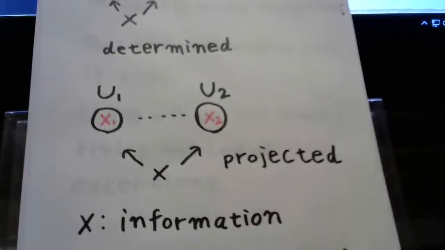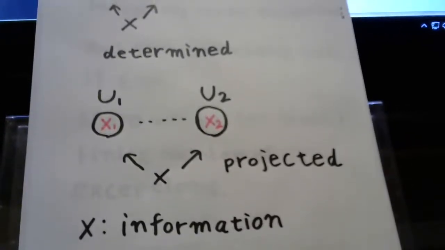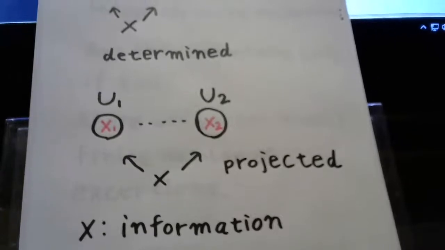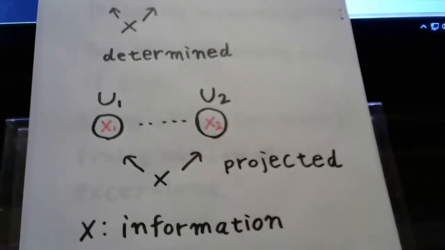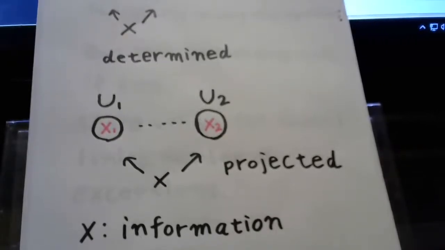And this X is projected to two worlds, two universes, U1 and U2: X1 in U1 and X2 in U2. U1 and U2 are related. The relationship is called theta link.